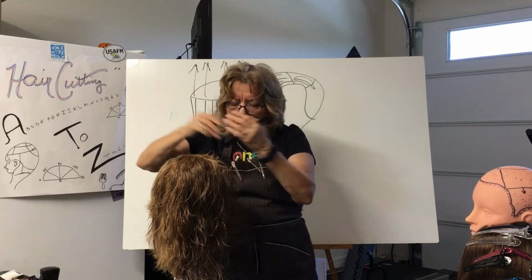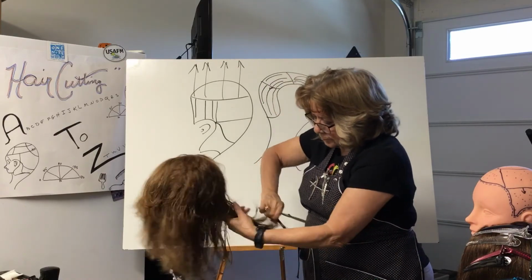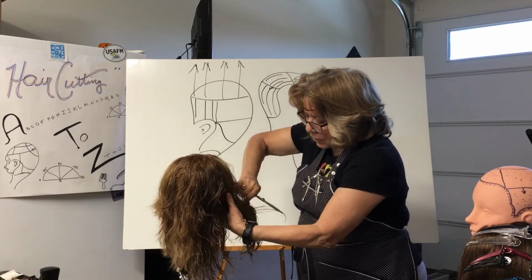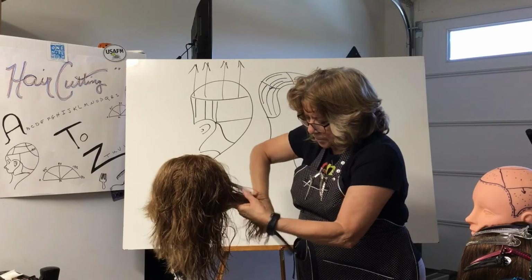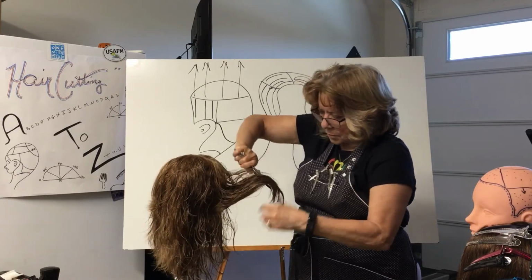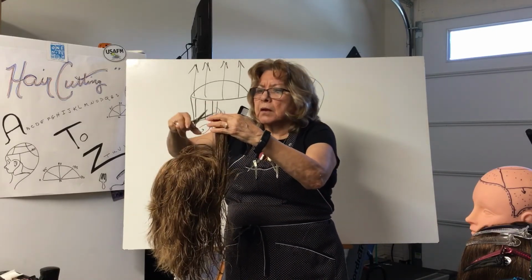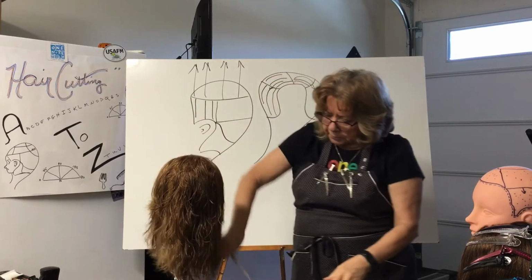Okay, a few little scragglers there. There's nothing to cut. I'm just going to bring it all up because I know there's not going to be anything to cut. A little scraggler. All right.